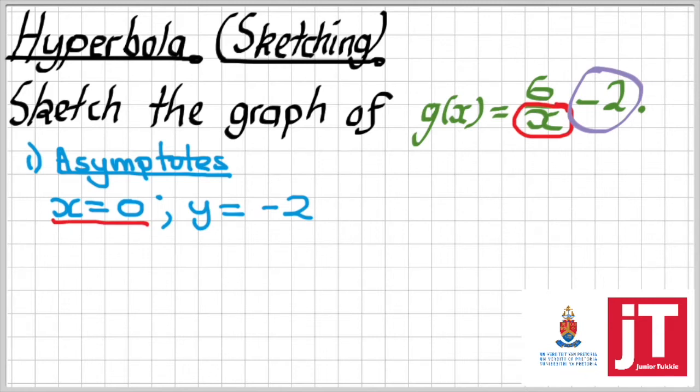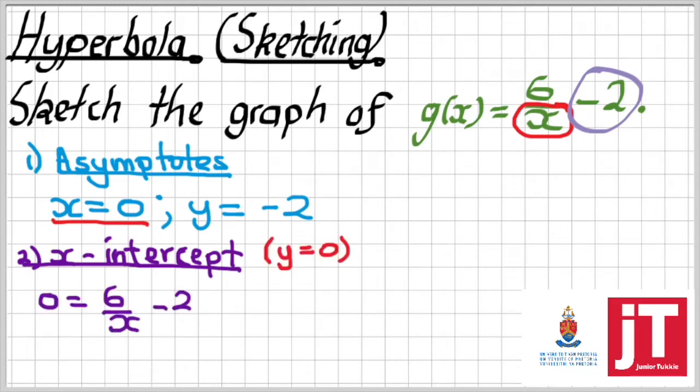Moving on to the x-intercept. To get the x-intercept, we assume that y is equal to 0. In that original equation, g of x is the same as y, so wherever there is y, we sub in 0, getting 0 is equal to 6 over x minus 2.